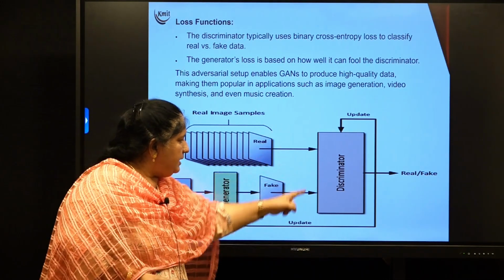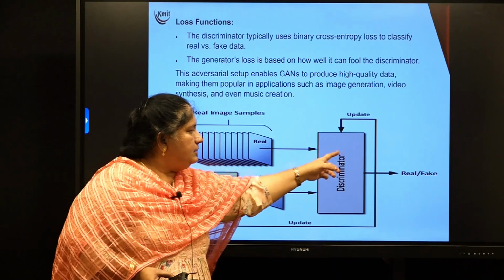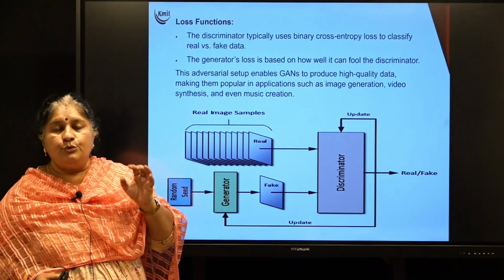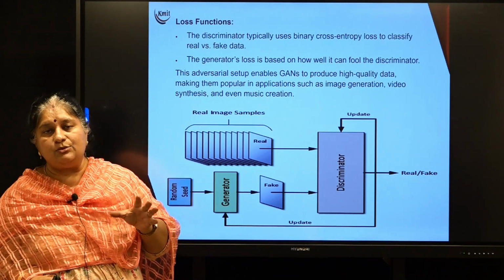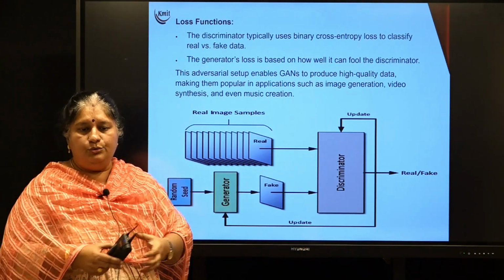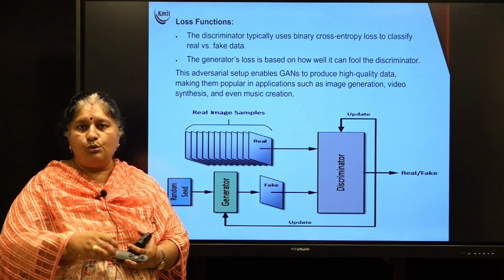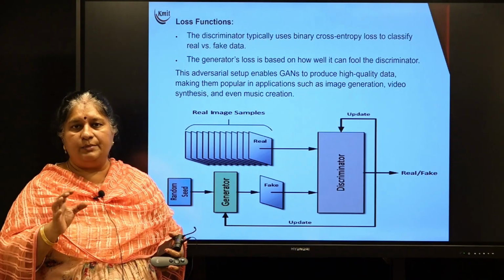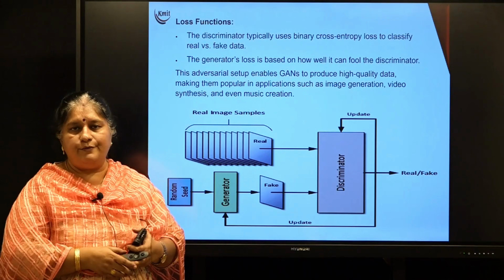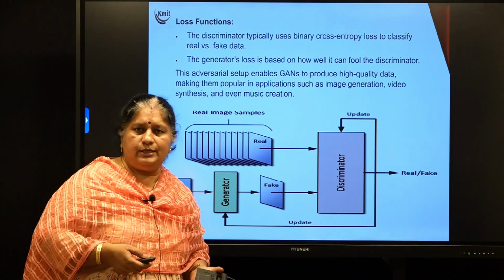Likewise, these steps are iteratively repeated. Finally, the discriminator has to tell whether it is real or fake. Most of the time, the discriminator fails to recognize in the end. After all the possible iterations, you generate data so close to the real one that the discriminator sometimes fails to recognize which one is real and which one is fake. That is the motto of the generator.